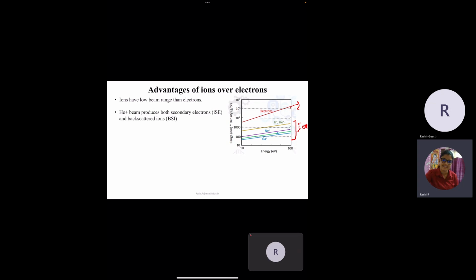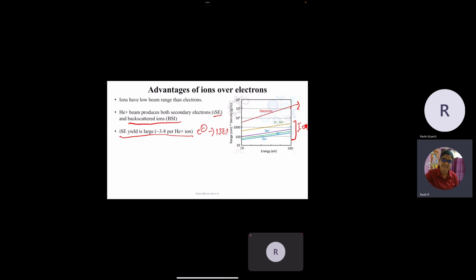Helium beam produces both secondary electrons, that is ion secondary electrons we say, and then we will not say backscattered electrons, we rather say backscattered ions, as the sir has already discussed. The yield of secondary ions is higher, around 3 to 8 per every helium ion, rather than an electron, which will produce one secondary electron.